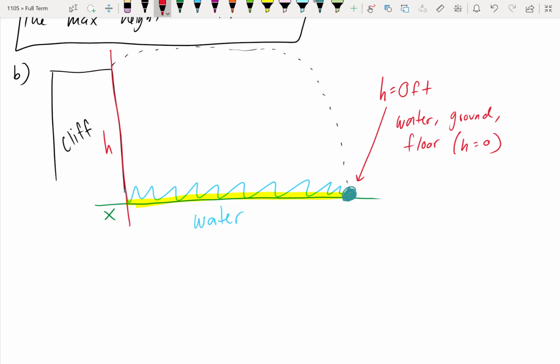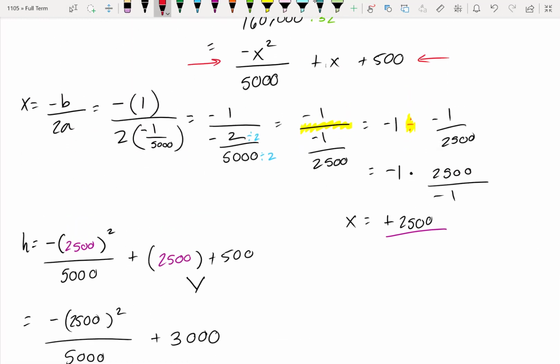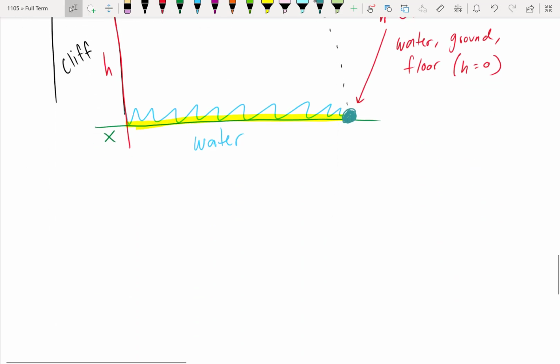So let's make that h equal 0 in our equation right here. So we have 0 equals negative x squared over 5,000 plus x plus 500.